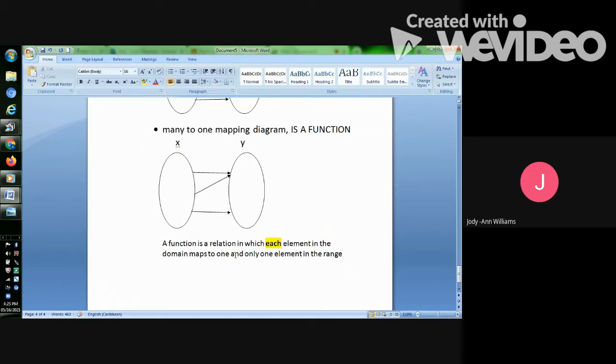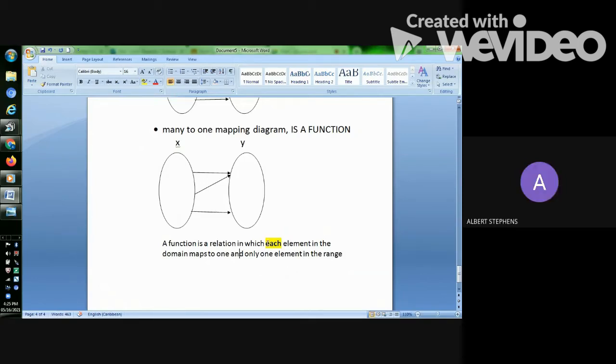But sir, I think that one element on the x side is matching to one element on the range side. If you have a value 0 on the x side and it matches to 2, and then you have a value 5 and it matches also to 2, it's still only one. Each x matches to only one number on the y side.